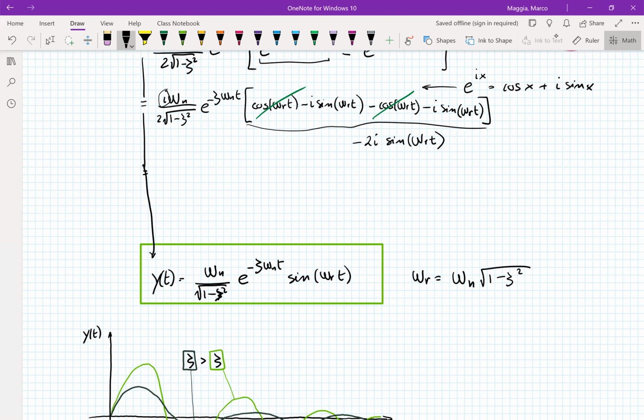Okay, so finally, you see that this case was a little bit longer, but not necessarily more complicated.